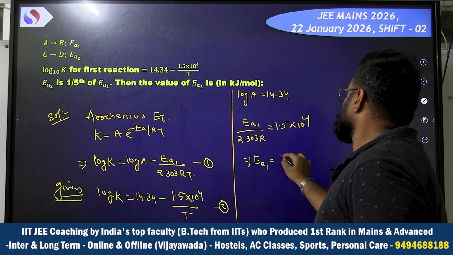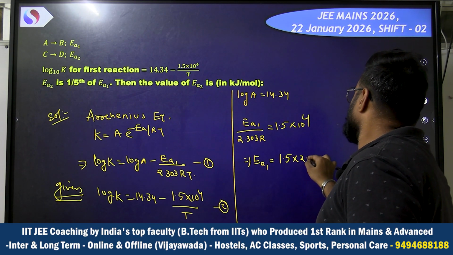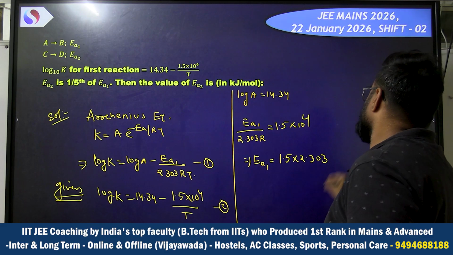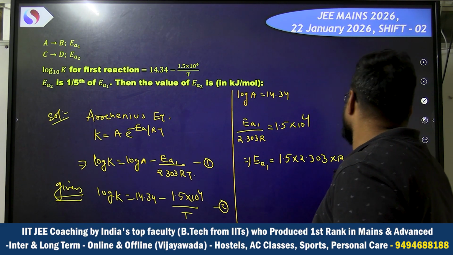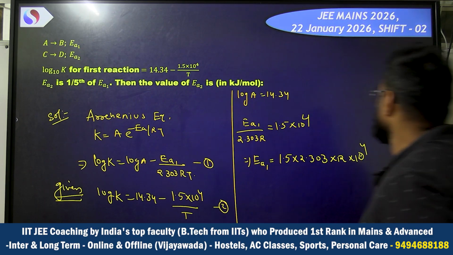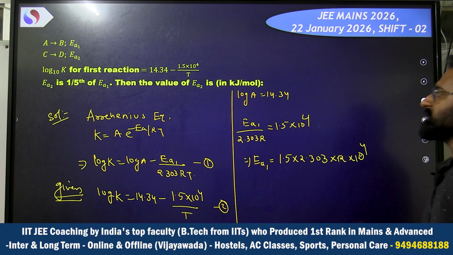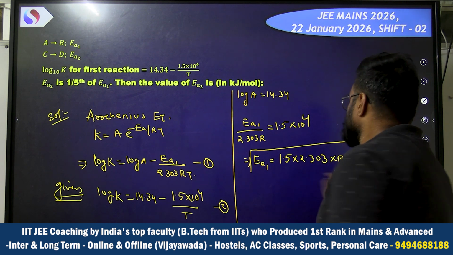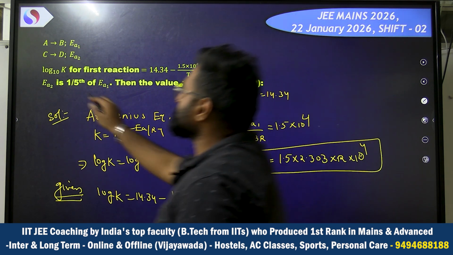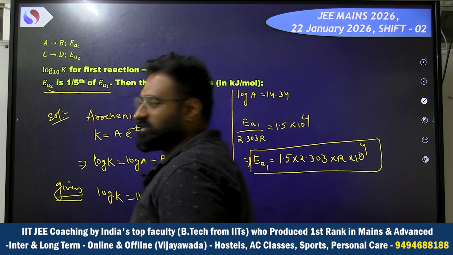EA1 will be 1.5 into 2.303 into R into 10 to the power 4. And the question is saying EA2 is 1/5.